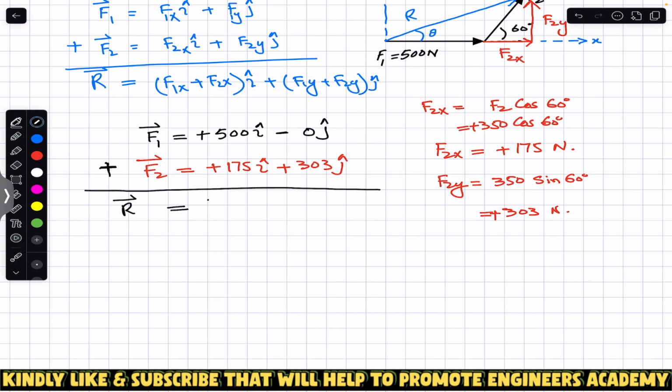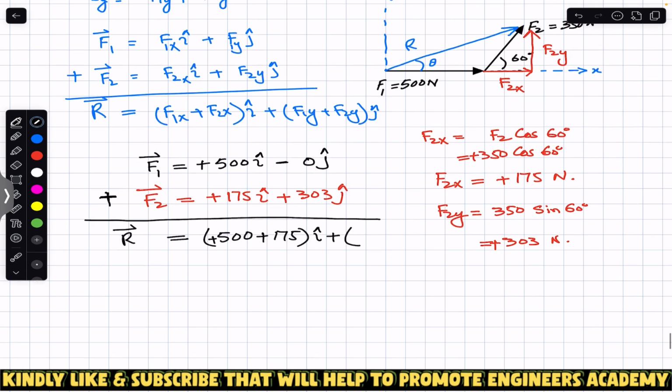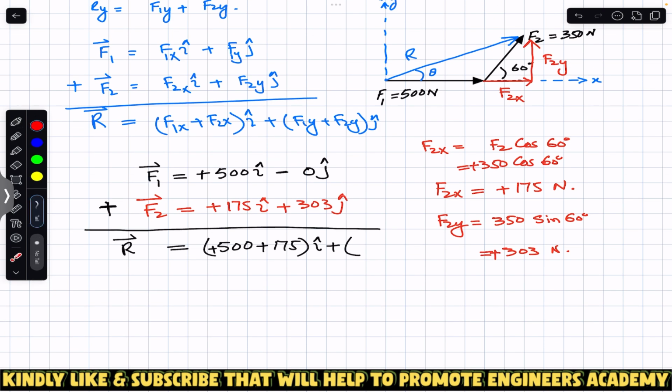So we can say plus 500 plus 175 i, plus, here F1 we can write it as plus or minus, it doesn't matter, so 500 i plus 0 j, so plus 0 plus 303 j.